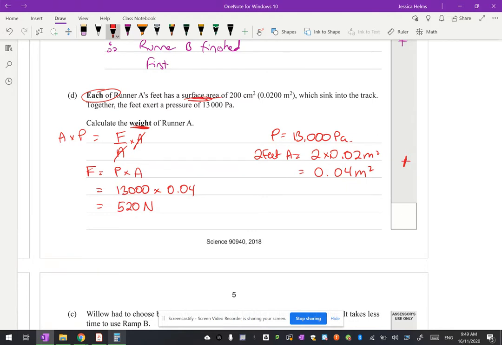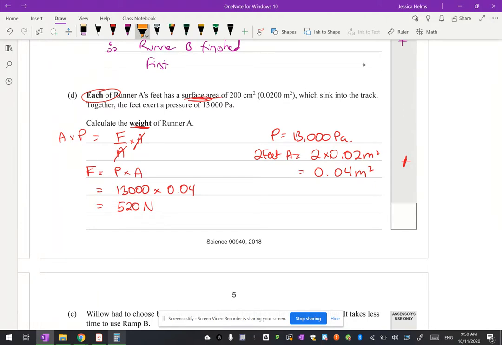So just a reminder about the places where people could trip up. First of all, make sure that you use the right formula. There's 2 formulas that have P in it. Second of all, make sure that you calculate the foot area as being 2 times, not just use 1 foot. If you just use 1 foot, then you will get a different value and you can still get a merit.